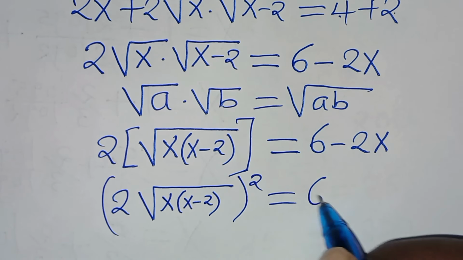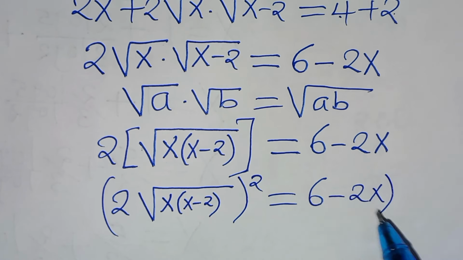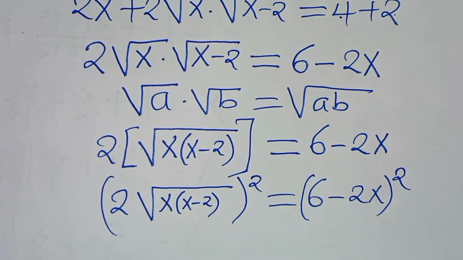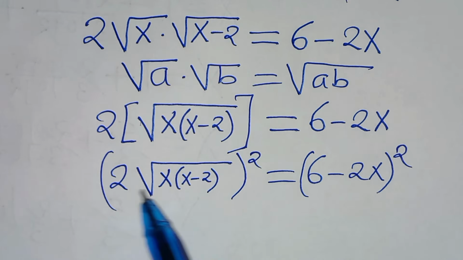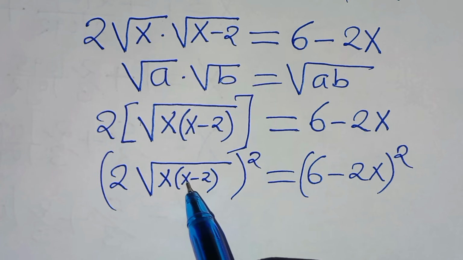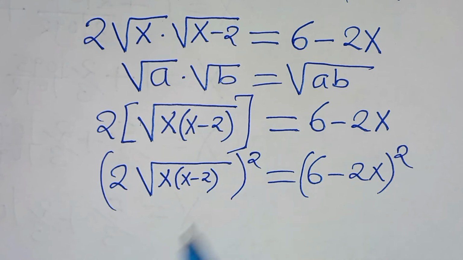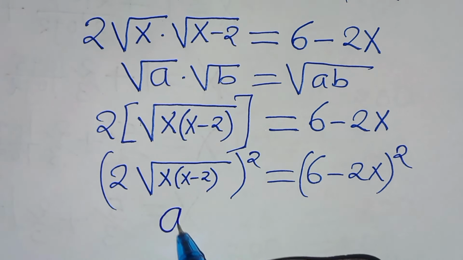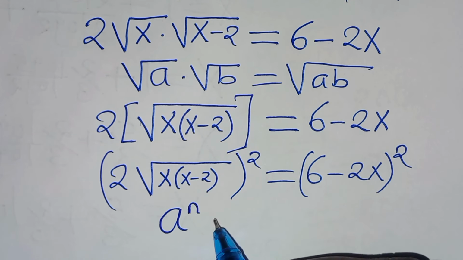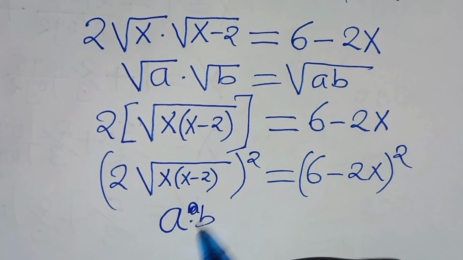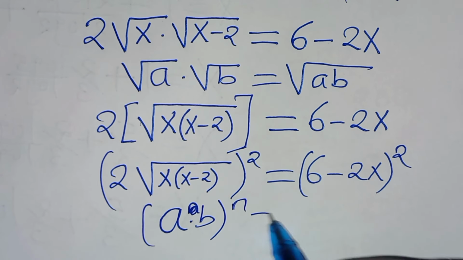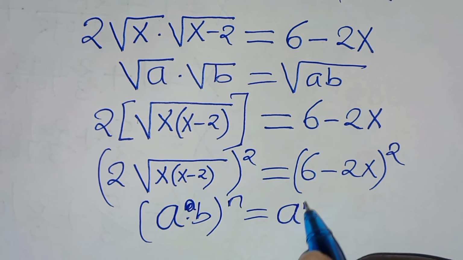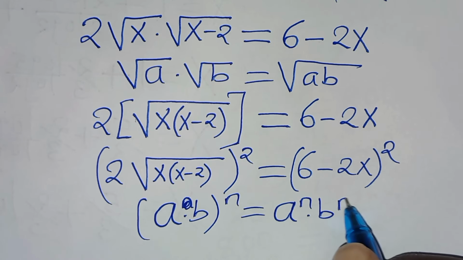So this is equal to 6 minus 2x raised to the power of 2. We find that 2 times the square root of x times x minus 2, raised to the power of 2, is in the form of a times b raised to the power of n, which can be expressed as a to the power of n times b to the power of n.